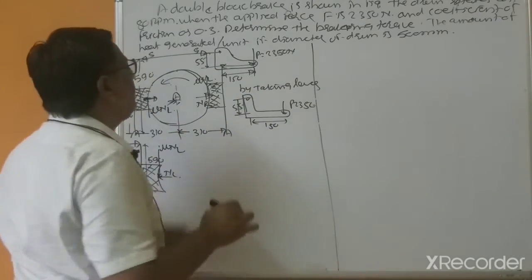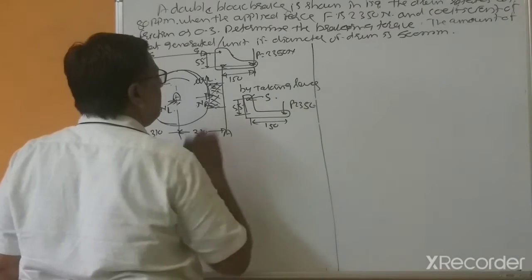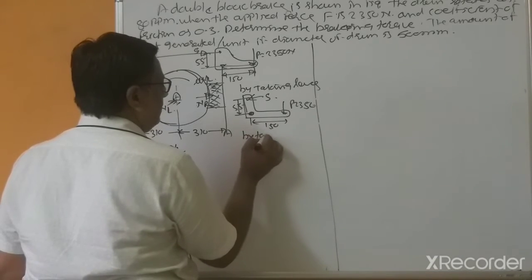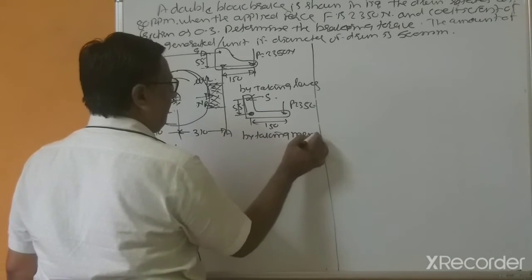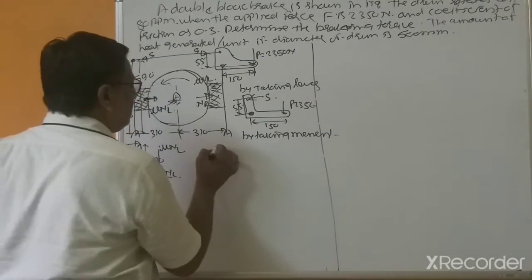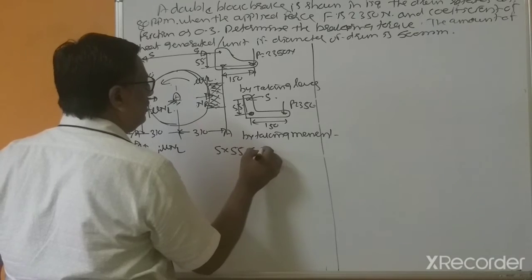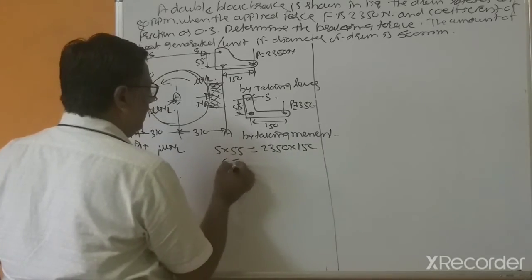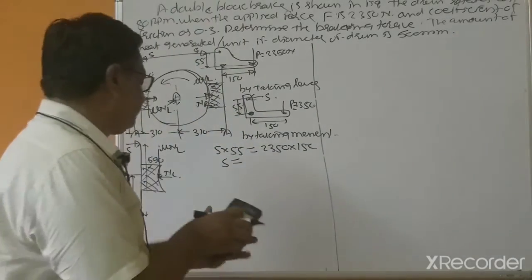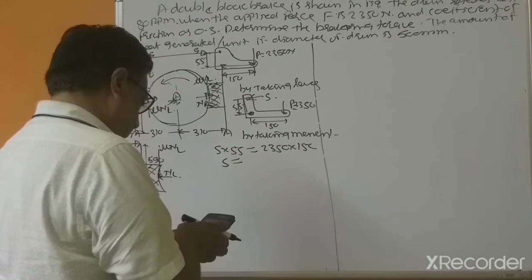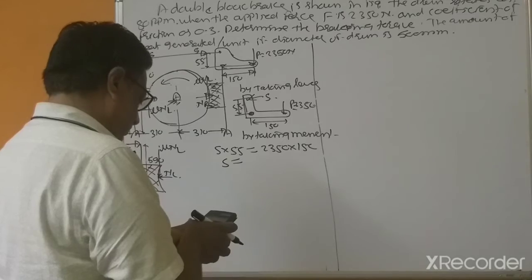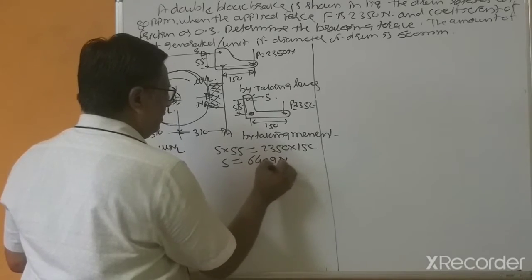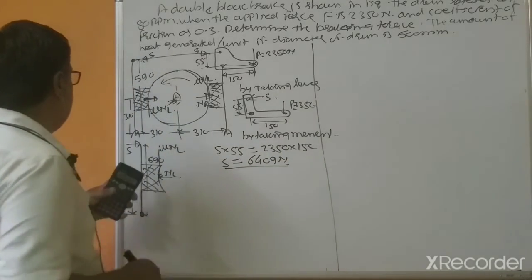So this force is S here, so an equal and opposite force acts here, this is S. So now by taking moment, equal and opposite moments, so S into 55 equal to 2350 multiplied by 150. So S equal to 6409 Newton.